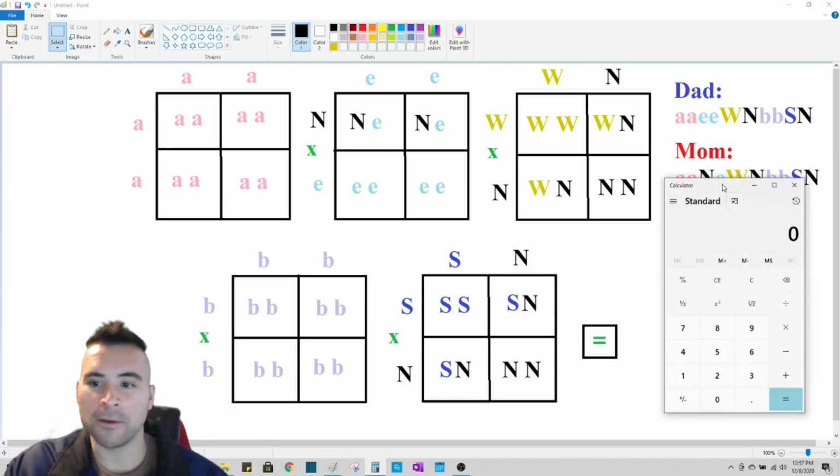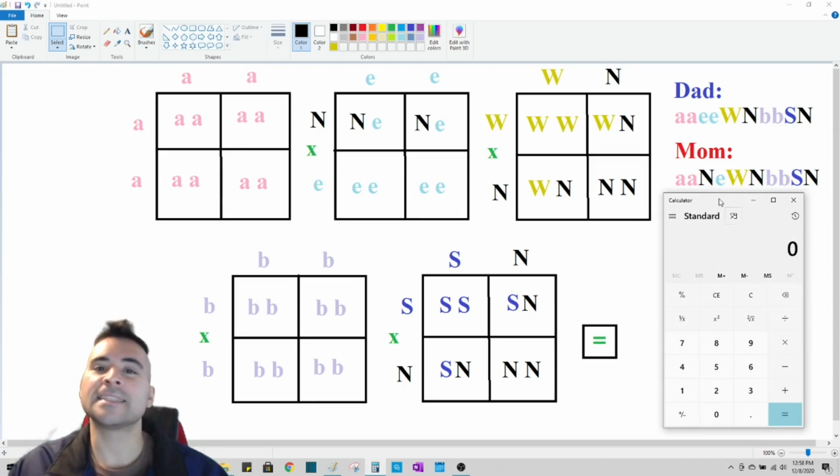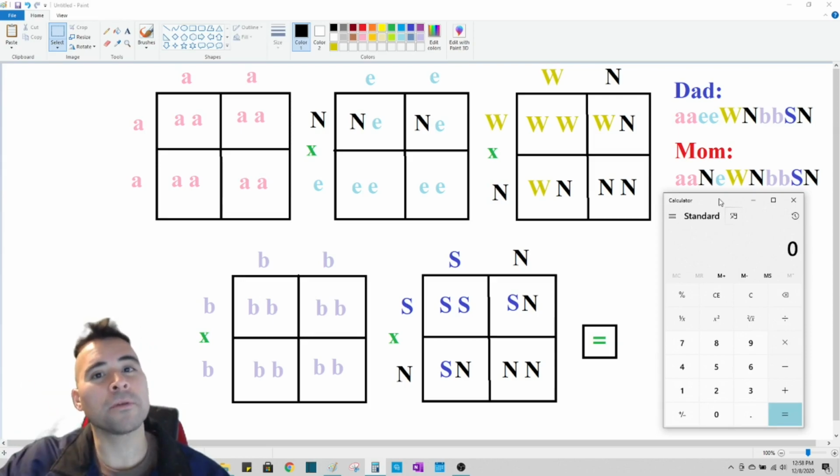So I pulled up my handy dandy trusty calculator here, and I can show you guys all of the genetic odds that we are going to go through. Simply put, all you have to do is take the genetic probability of each one of these genes being passed down on an individual level and multiply that by every other gene.